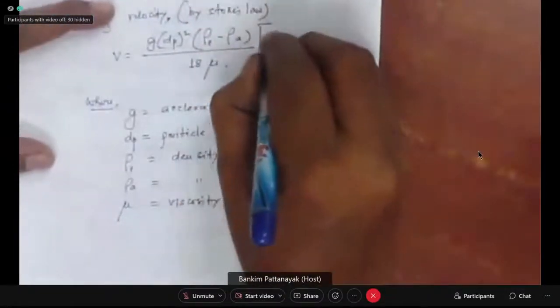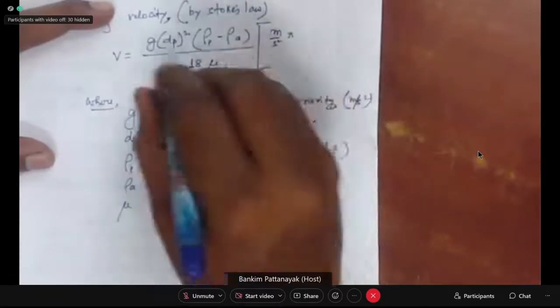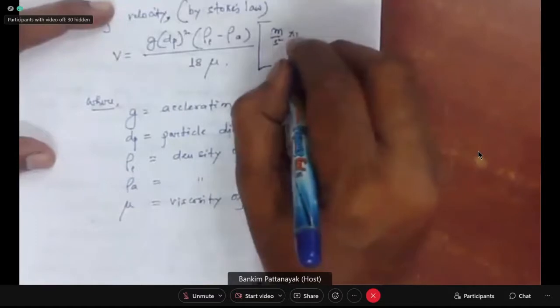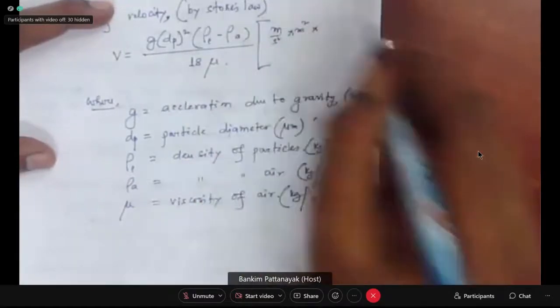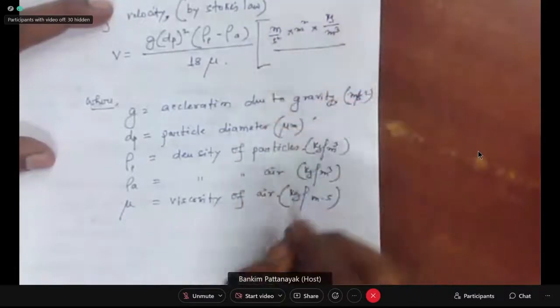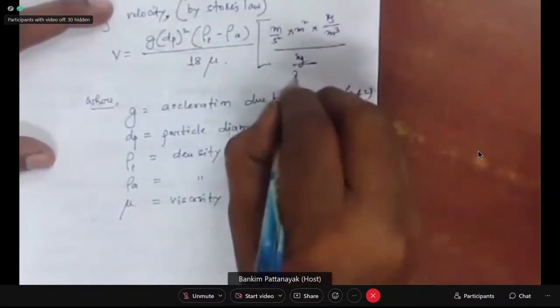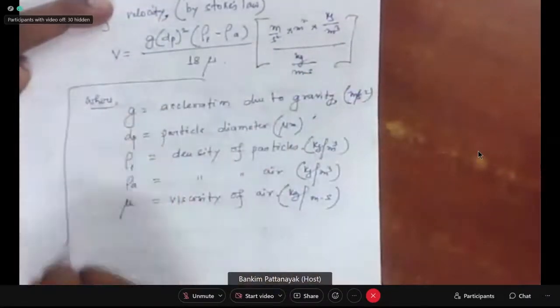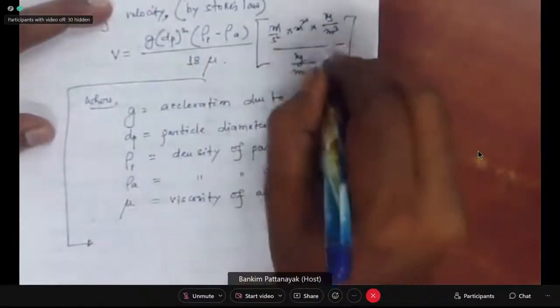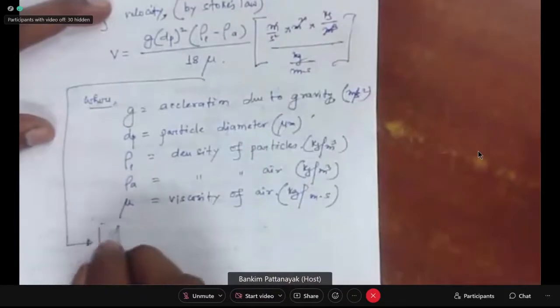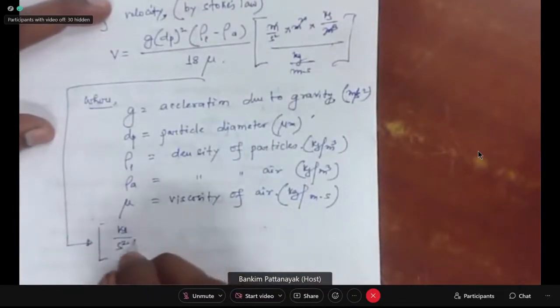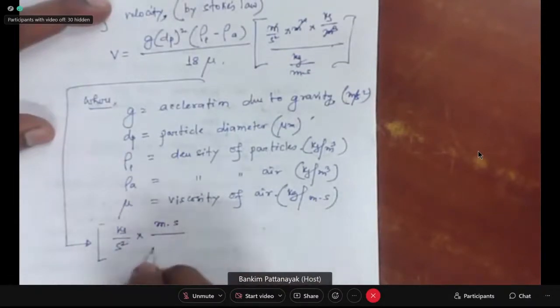So if you put it here, what will be the dimension on the right hand side? g means meter per second square, into dp square means meter square, into kg per meter cube, divided by mu, which means kg by meter second. So converting this, meter cube goes with kg per second square divided by meter second divided by kg.